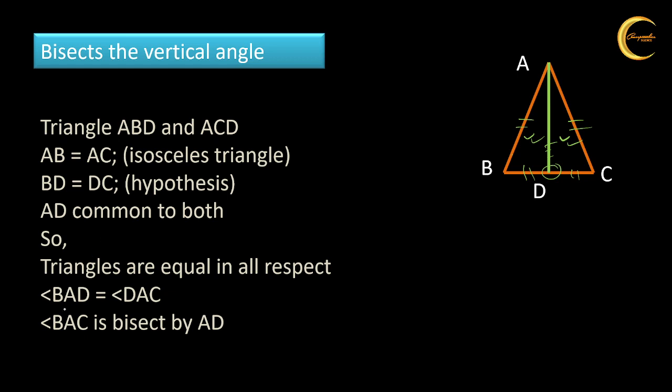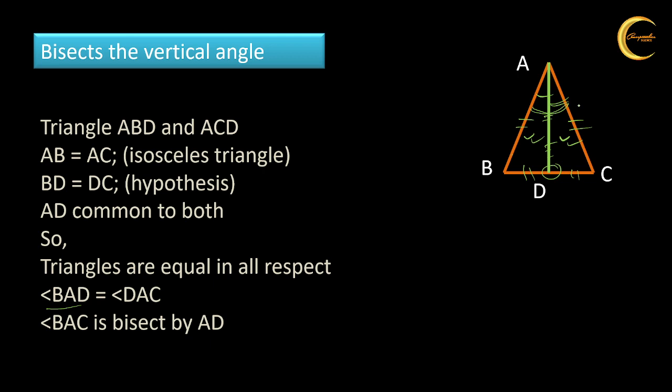Now we can say this angle BAD equals this angle CAD. If these two angles are equal, then we can say this line AD bisects this vertex angle, meaning the whole angle BAC.